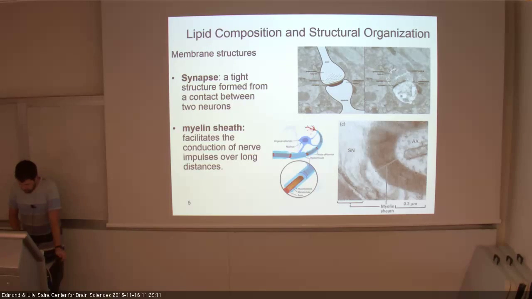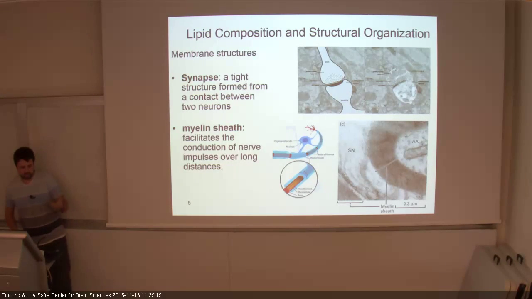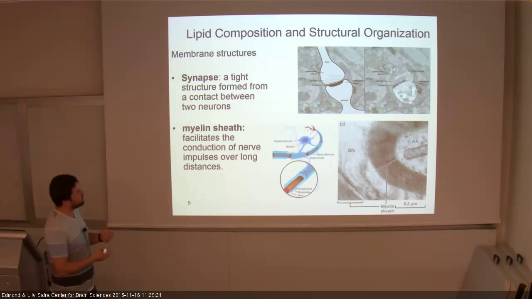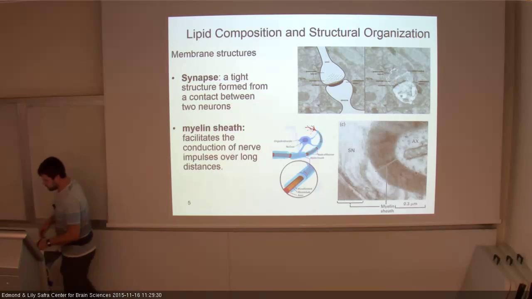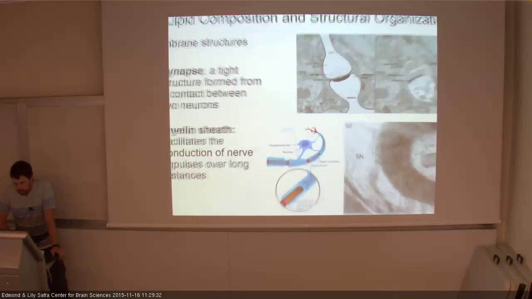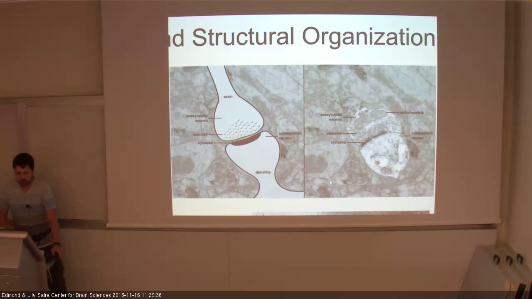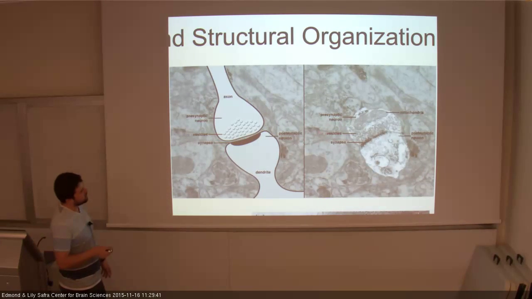But in general, apart from this simple structure that we see here, there are also very unique structures, especially in regard to the nervous system, that membranes can form. For example, a synapse. Again, these are all EM microscopy. So this is a very nice image of how a synapse looks in electron microscopy.